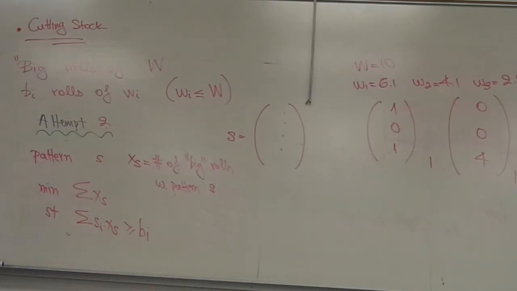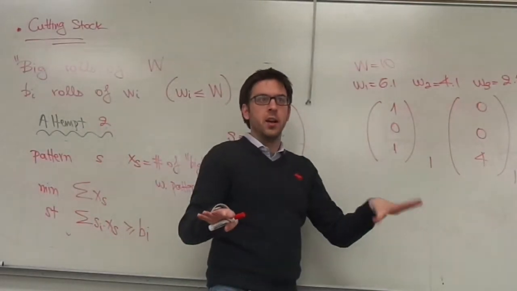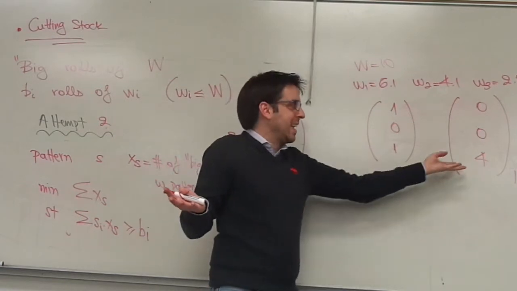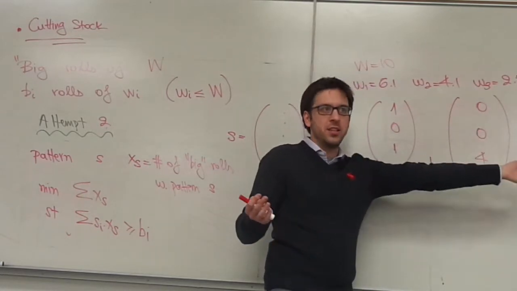Each pattern has a specific amount of waste. Oh, it doesn't matter. We don't care about it. It's a possible pattern. We don't care about that. Think of it like that. Let's say that I only have customer 3 coming in. Only customer 3. And they ask for 5 rows. I cannot come up with a different pattern just to satisfy them. I need to use 004 and 001.